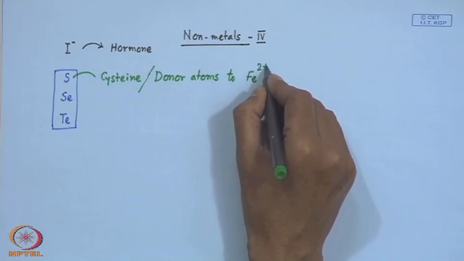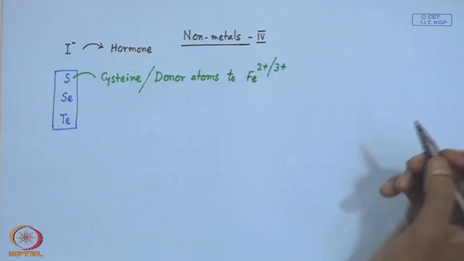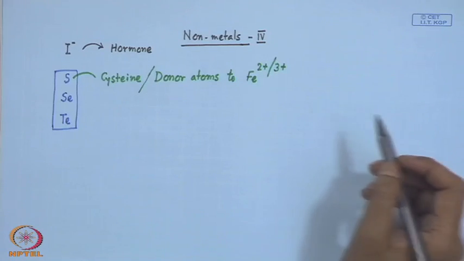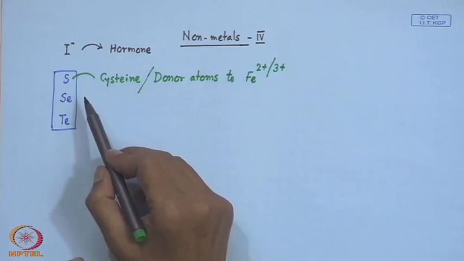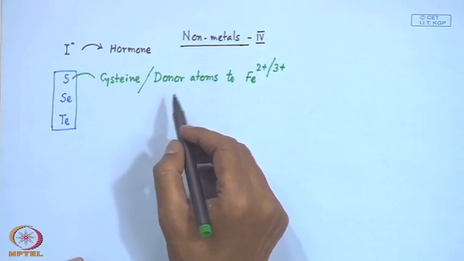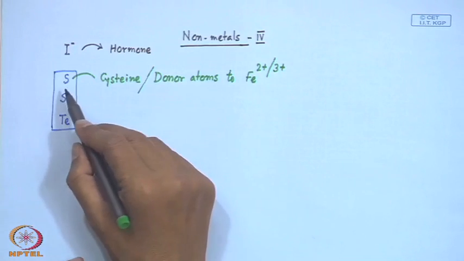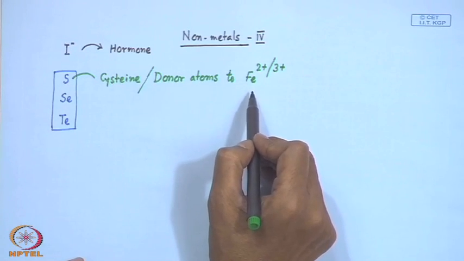So, iron in +2 or +3 when they bind to the sulfur. Basically this part is not a truly inorganic part related to the nonmetal chemistry in biology, but it is something where the sulfur is present and is bound to the iron center.